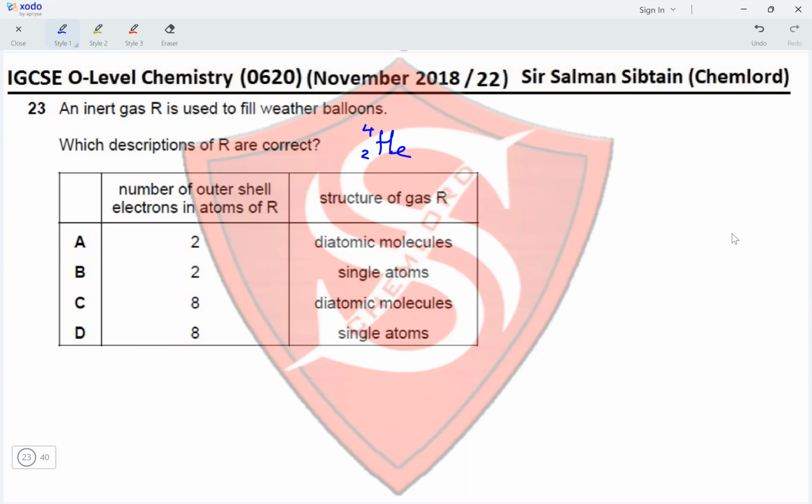That means it only has one shell and the first shell can occupy only two electrons. So options C and D get eliminated. We have two electrons in its outer shell, and helium is a monoatomic gas. It is not diatomic. So this eliminates option A and makes option B the correct option for this question.